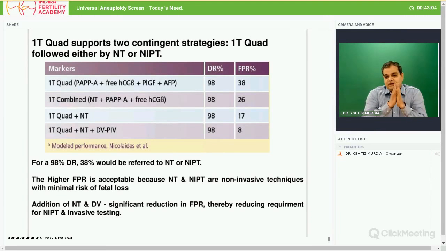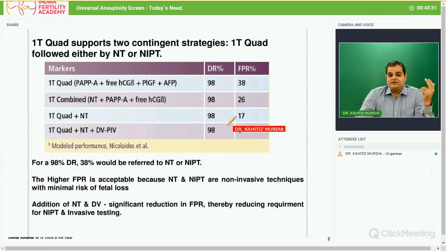So if I set the algorithm for aneuploidy to a detection rate of 98%, then in the first trimester, if I do the testing with the first trimester quadruple test, then I'll have 38% false positive rates. But if I add NT and ductus venosus to this, my false positive rate falls drastically.